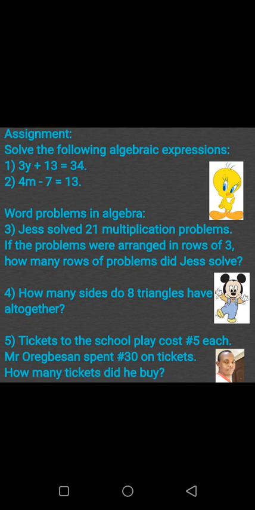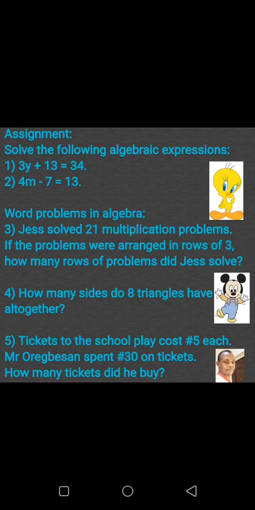So that's that. Then number 5, tickets to the school play cost 5 naira each. Mr. Oregbeson spent 30 naira on tickets. How many tickets did he buy? For 1 ticket is 5 naira.